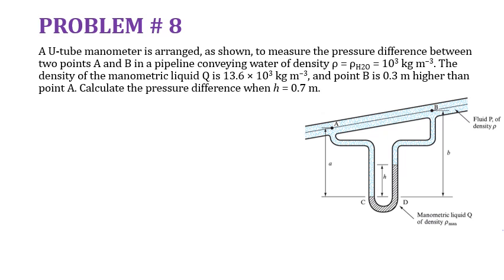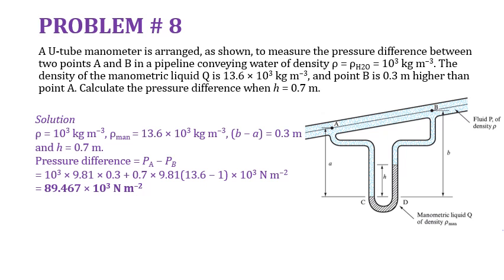So develop the equation first. We will use the left hand side and right hand side expression. So PA plus rho g A is equal to PB plus rho g (B minus h) plus rho man g h.